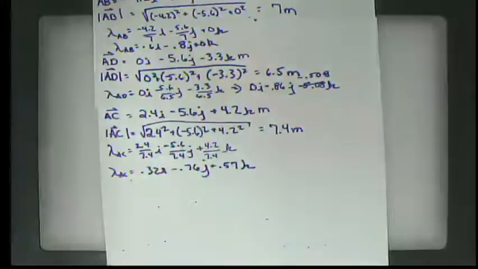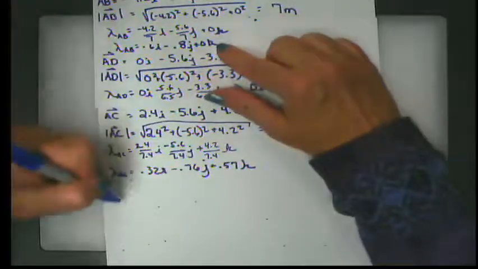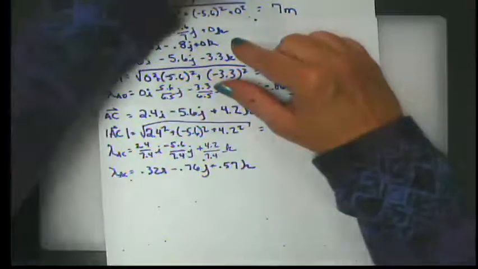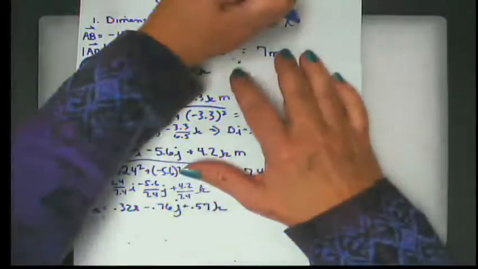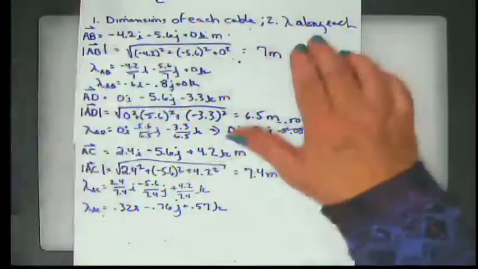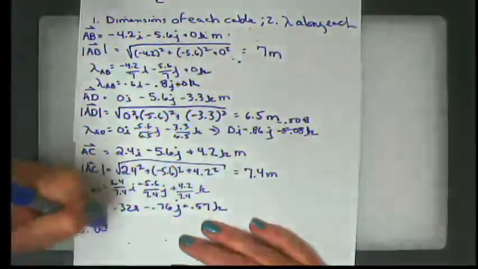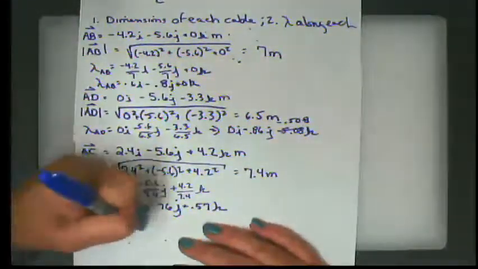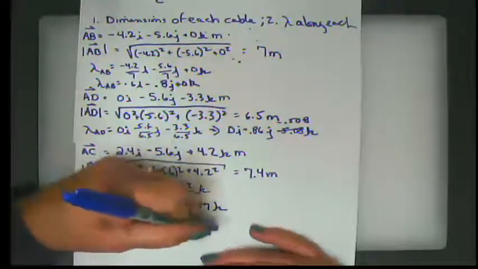All right, so now I have all of my unit vectors in each of the directions. This is the dimensions of each cable, and then lambda along each. I'm just following steps. The third step then is to write all tensions as vectors.